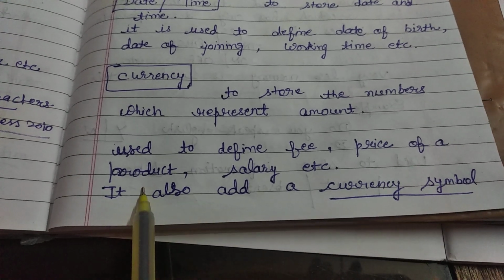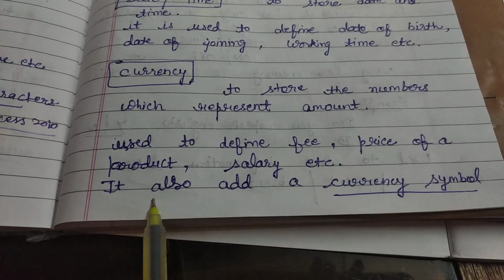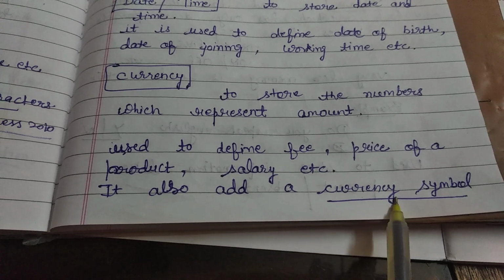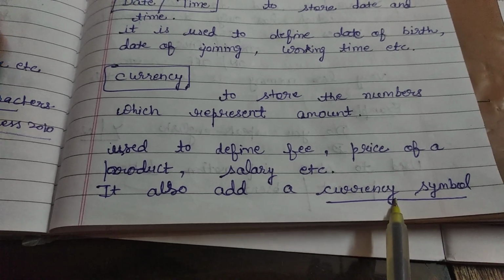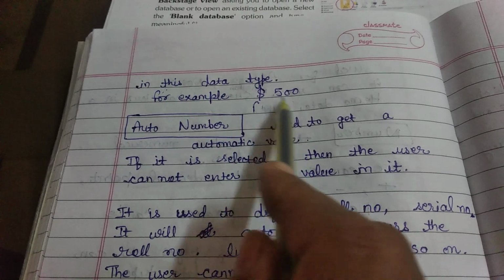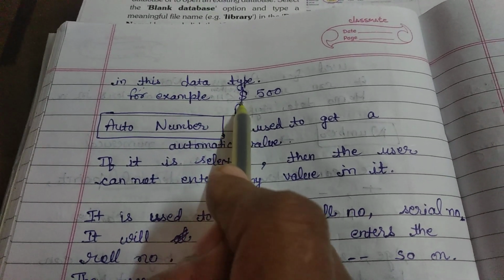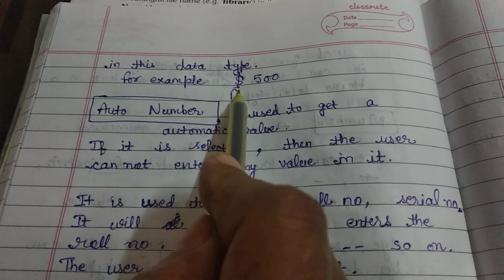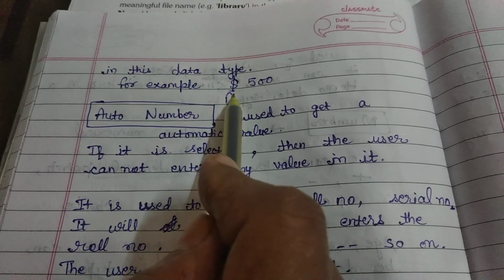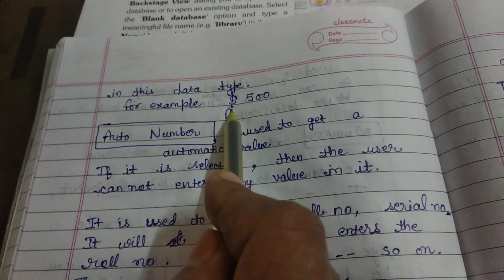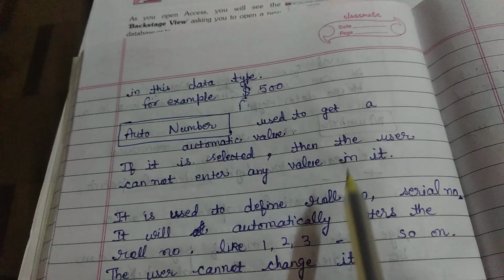Price of a product, salary, etc. It also adds currency symbol. For example, $500. By default, this sign will come. Okay. And if you want to change it to rupees, we can convert it also. Later on in this chapter, we will do this also.